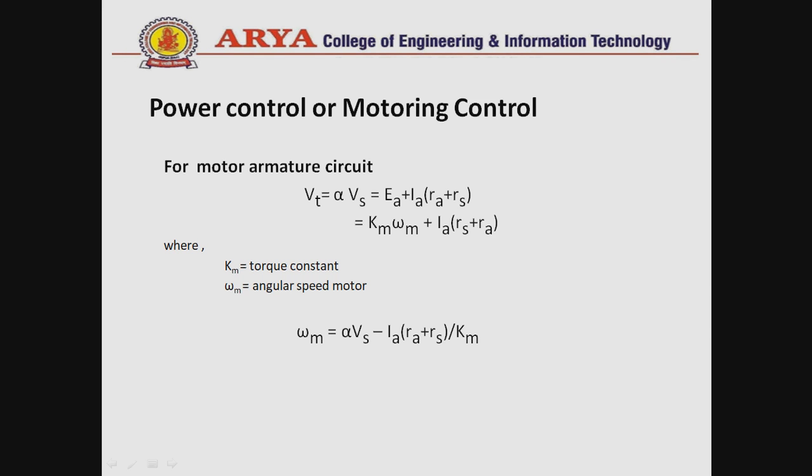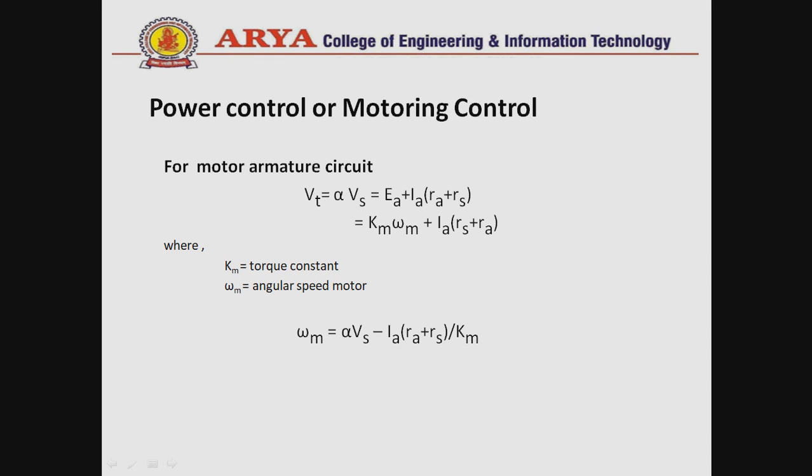Then for the motor armature circuit, Vt is equal to alpha Vs. Then we apply KVL in the circuit, and we find that the armature resistance is in series. Then to simplify the equations, we put in the EMF equation we already discussed in previous lectures. We put the value Ea equals Km omega m, plus Ia Ra.